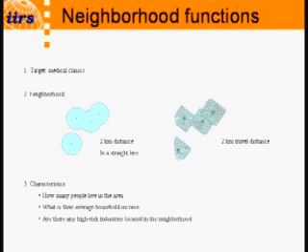The characteristics could be how many people live in the area, what is their average household income, or are there any high risk industries located in the neighborhood. So these types of things can be done by making use of neighborhood functions.